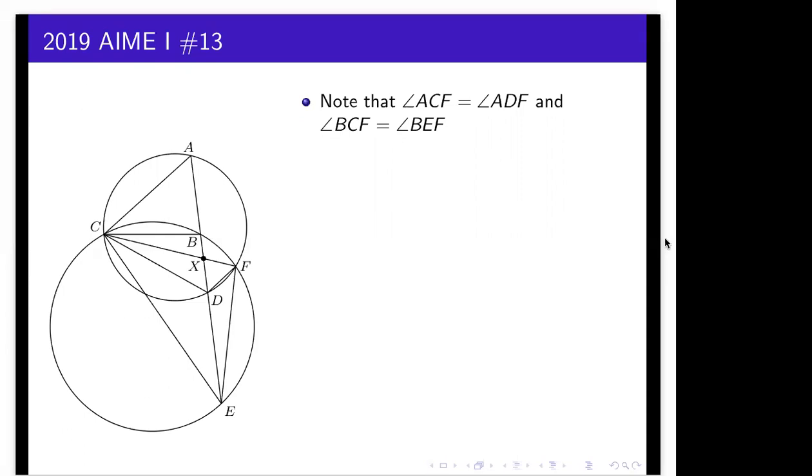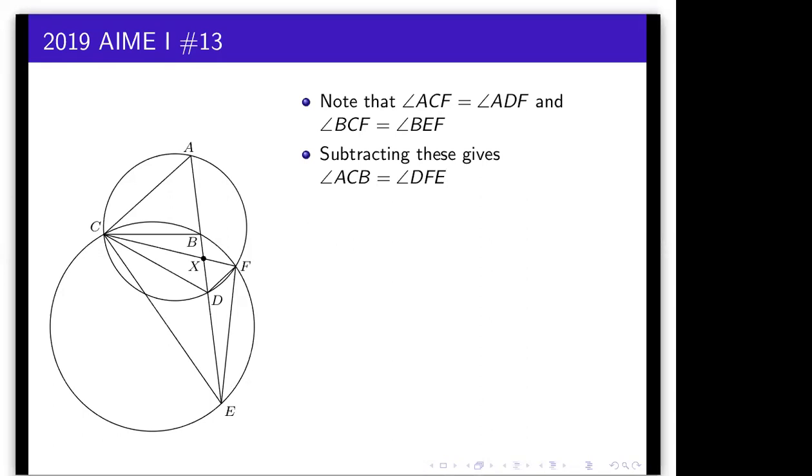ACF minus BCF we can see is angle ACB. So that's the left side. And then what's ADF minus BEF? Well, angle ADF is the exterior angle of triangle DEF, so it's the sum of the two other interior angles.